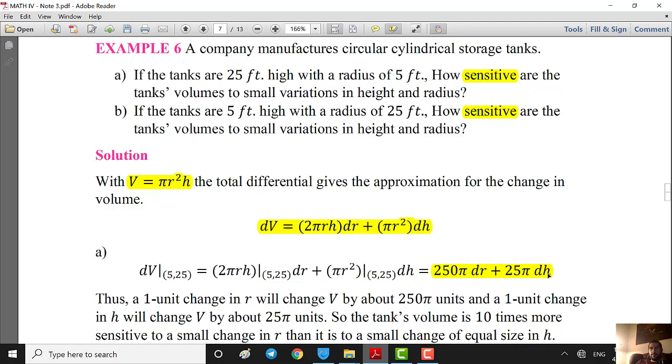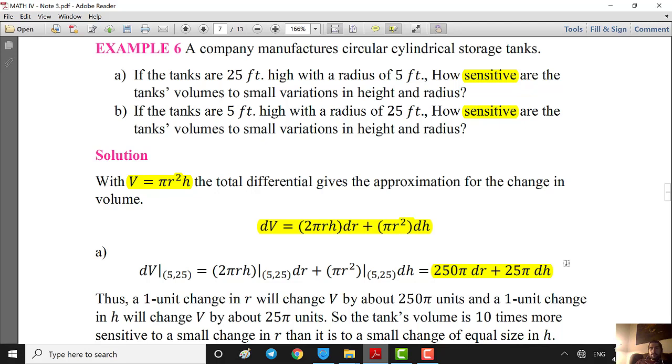A 1 unit increase in H is going to increase V by this coefficient, 25 pi. And this coefficient is 10 times this coefficient. So the changes in R affect V 10 times the changes in H. Okay?